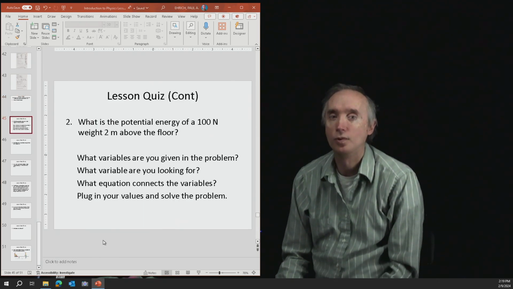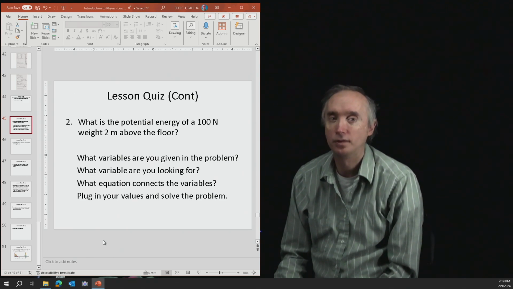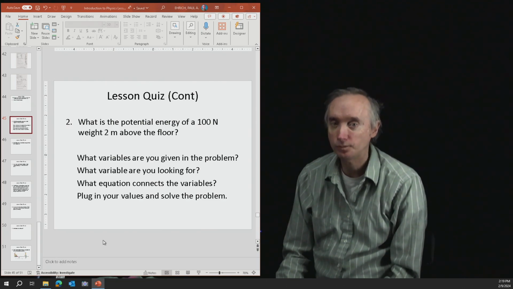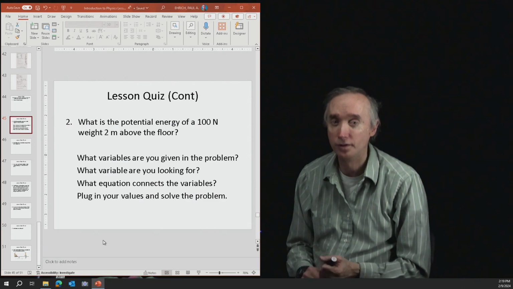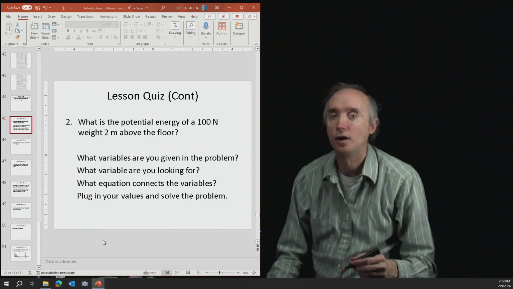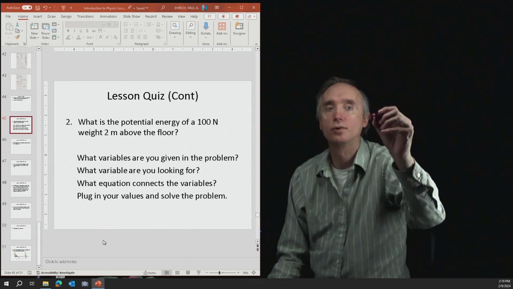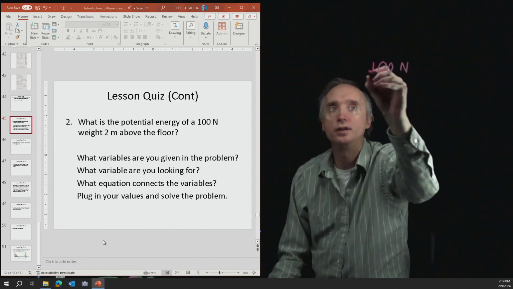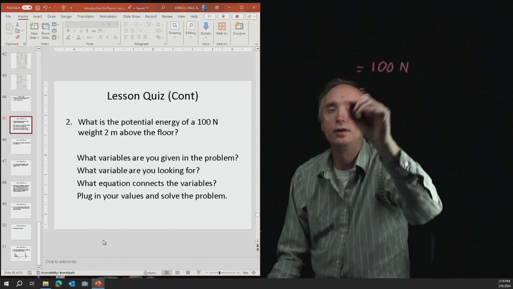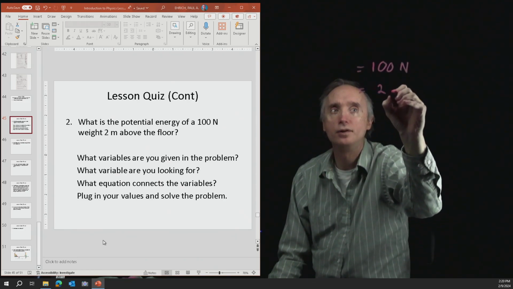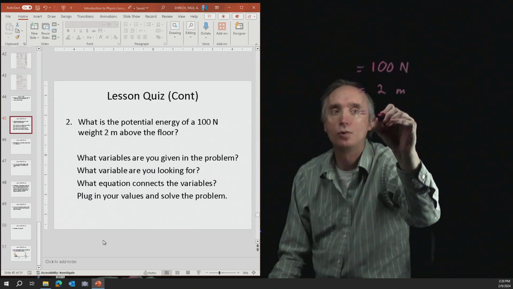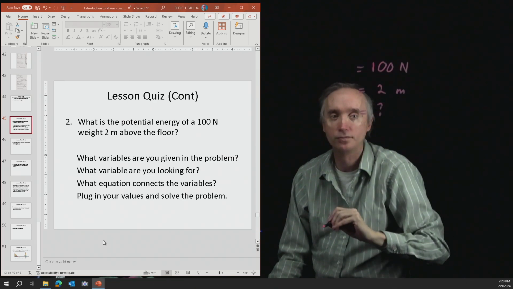Question number 2. What is the potential energy of a 100 Newton weight 2 meters above the floor? So what variables are you given in the problem and what are you looking for? So we're going to say 100 newtons equals, and then over here we're going to have 2 meters equals, and then here we're going to have question mark equals.